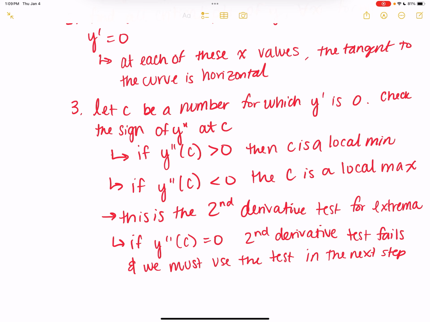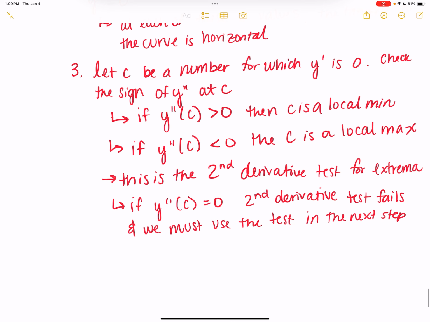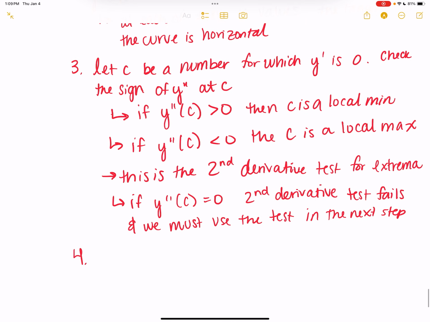So basically, we go on to step 4. But if we had gotten to that point and it was good, then we would have been done at that point.